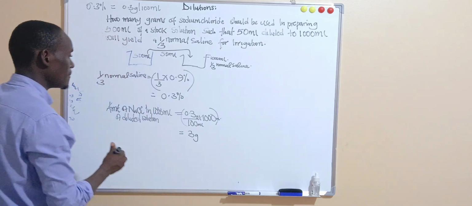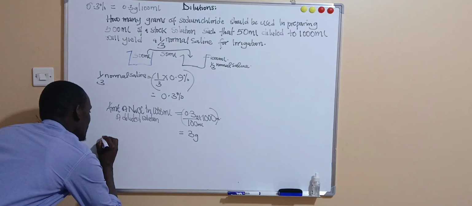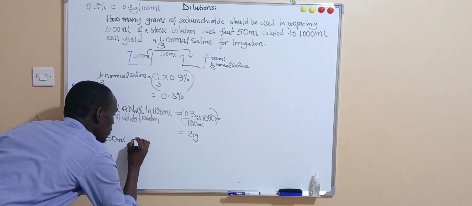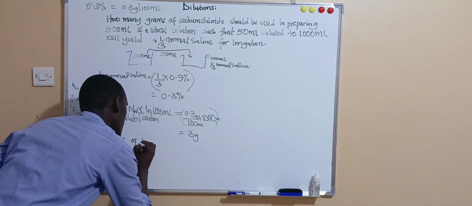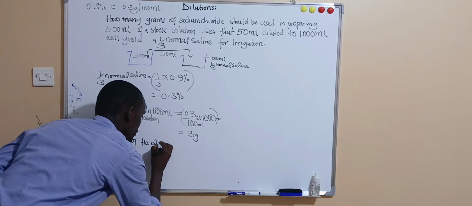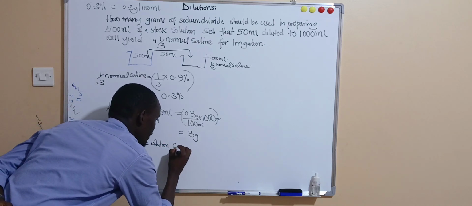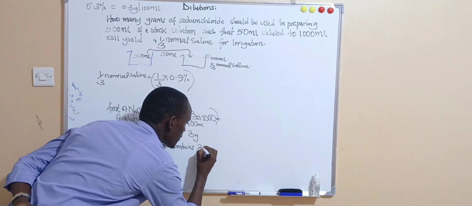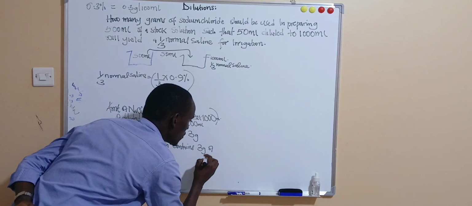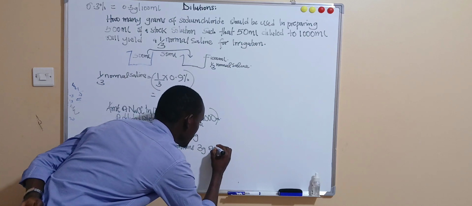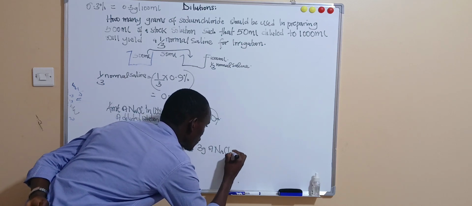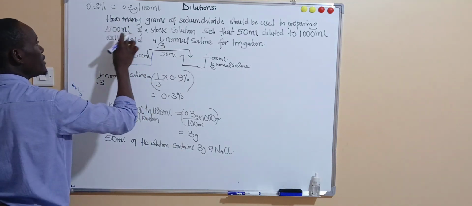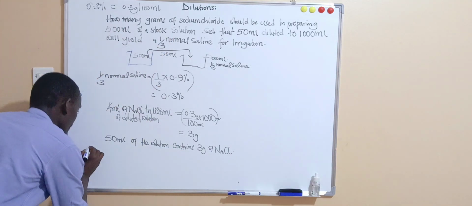So we are going to say that 50 mils of the solution contains 3 grams of sodium chloride. How about the 500 mils of the stock solution?